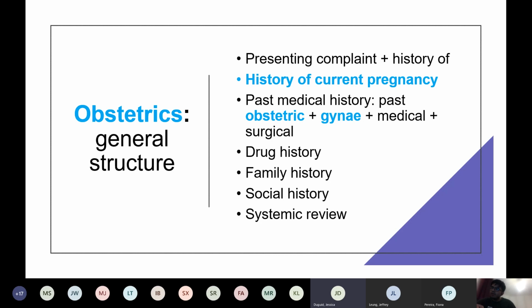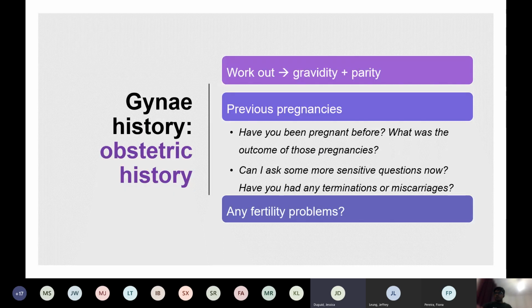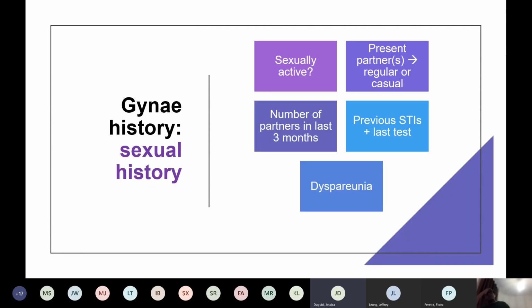Okay, someone has asked, how do you do it all in 10 minutes? You have to practice. We'll come to this at the end. You can also work out what the questions are that you need to ask. For example, if you've asked about a woman's past gynae history and she's had an STI, you might have already covered some of the sexual history components and not need to do it again.